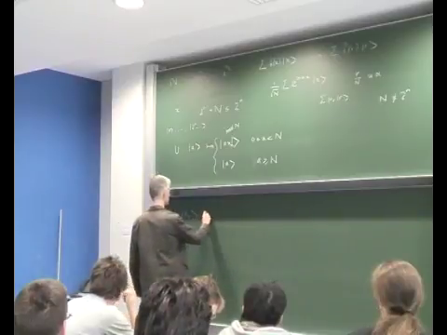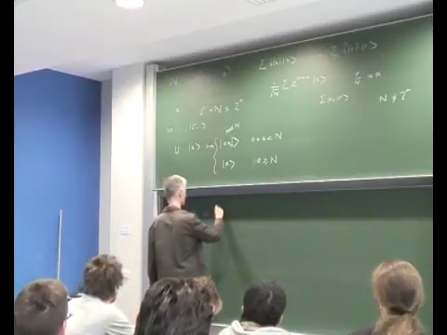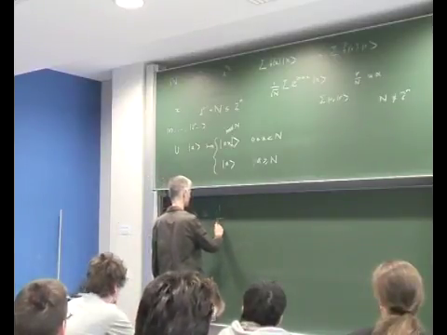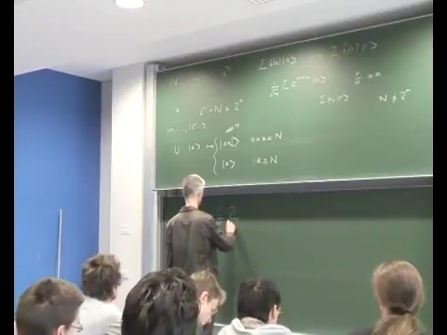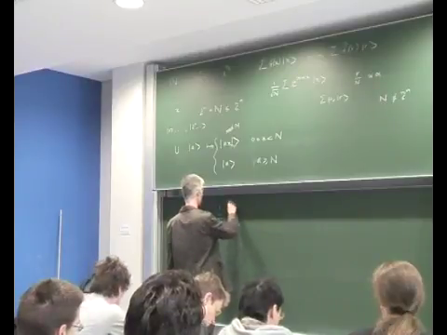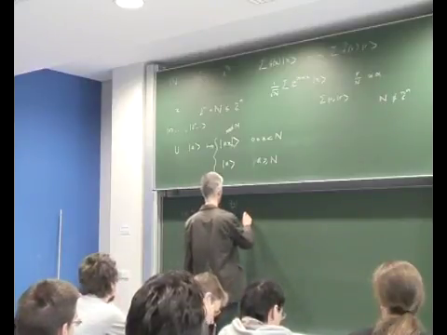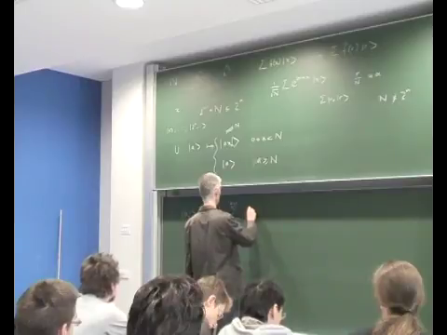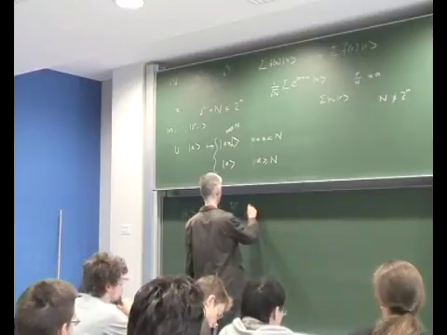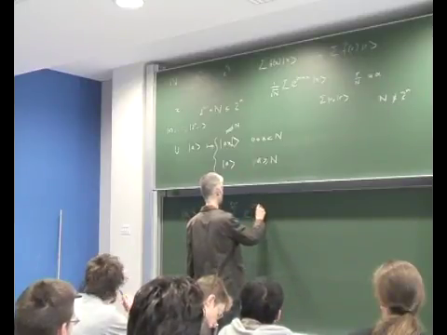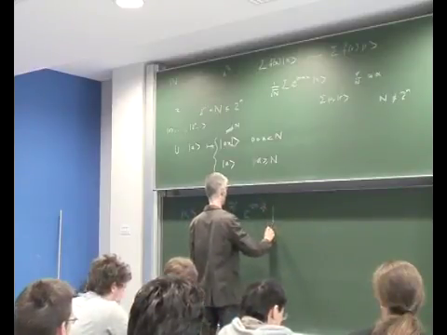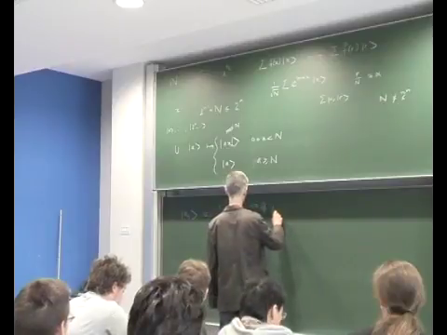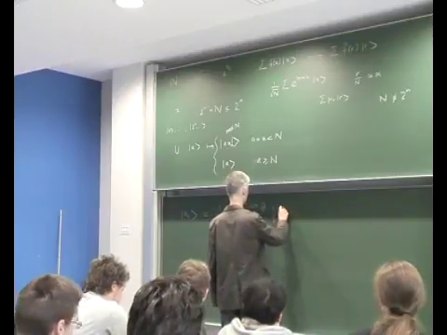Where r is the order of x, it's 1 over the square root of r times the sum, j equals 0 to r minus 1, of e to the minus 2 pi i j s over r, times the state for j.